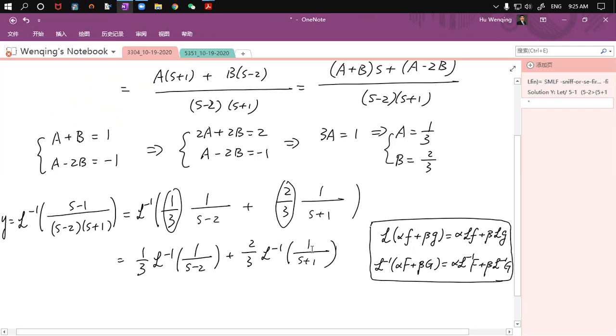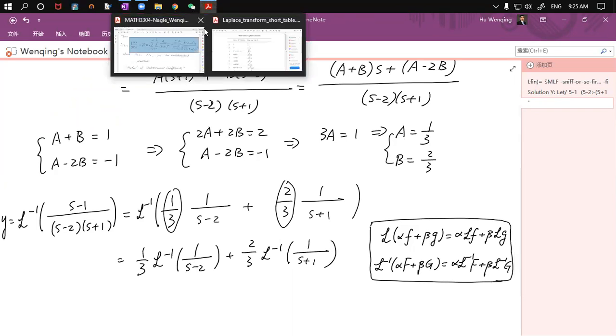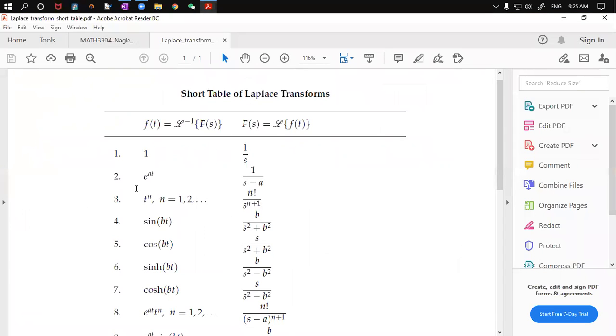The inverse Laplace transforms of 1 over s minus 2 and 1 over s plus 1 can be found from line 2 of this table. If you pick an arbitrary a, the inverse Laplace transform of 1 over s minus a is going to be e to the power of at. Is that good for everybody?